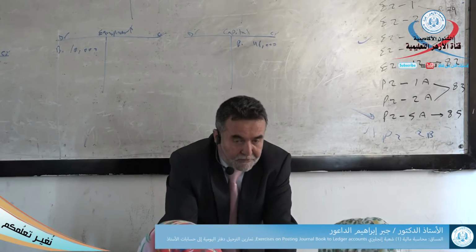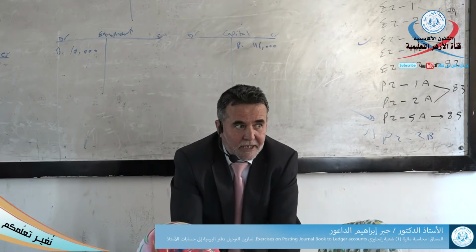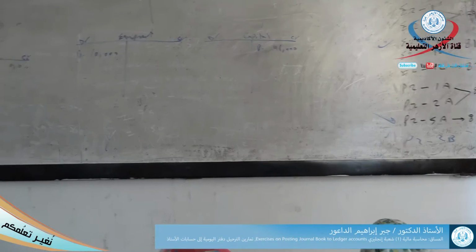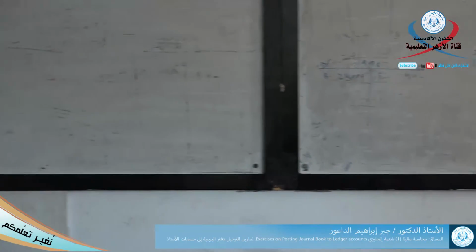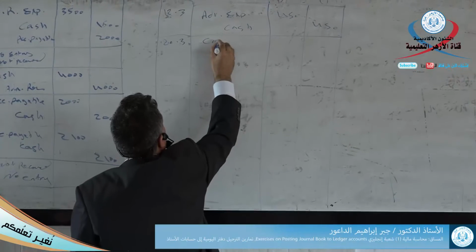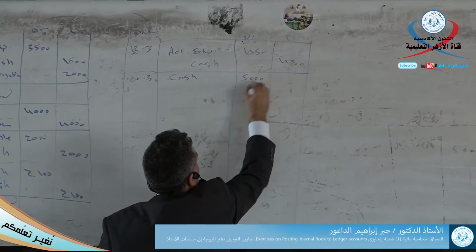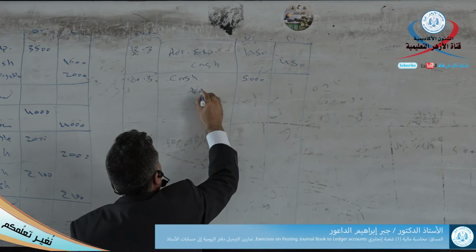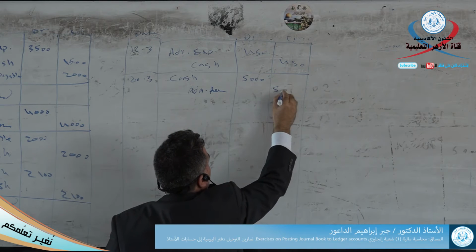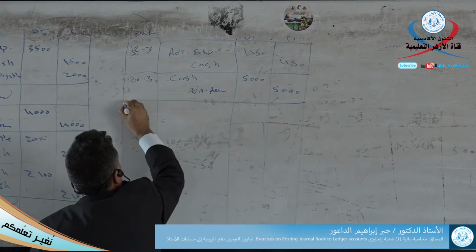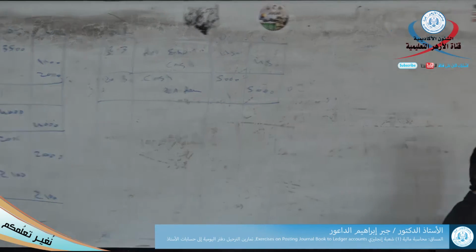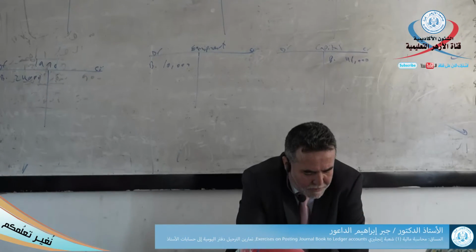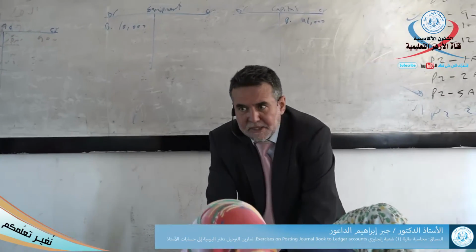So cash it will be increased, so it will be debit. Cash to admission revenue. Received 5,000 cash from customers for admissions, so admission revenue.